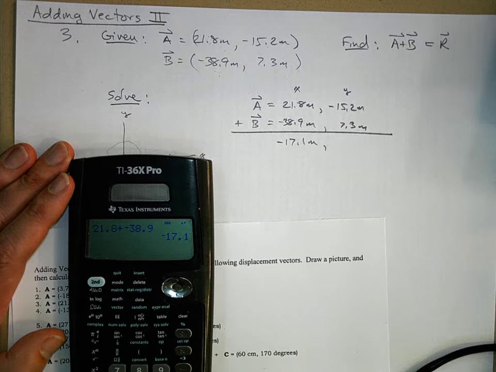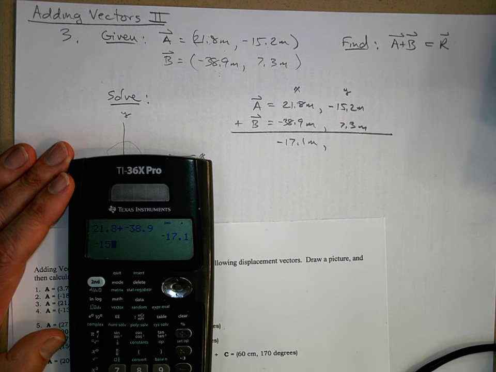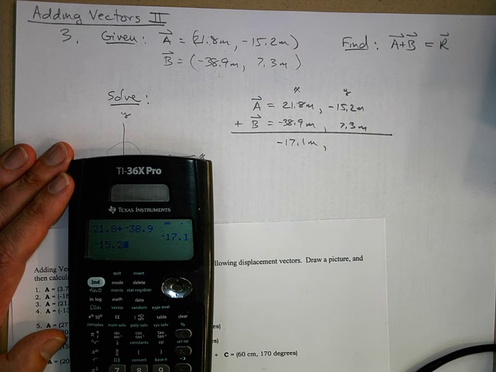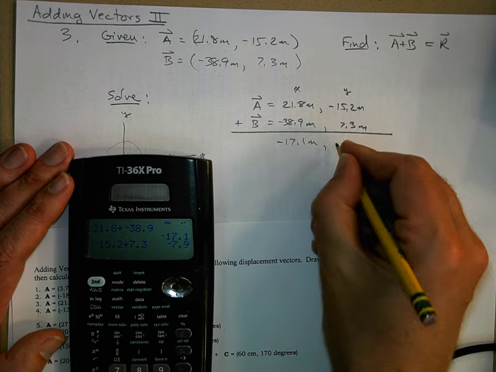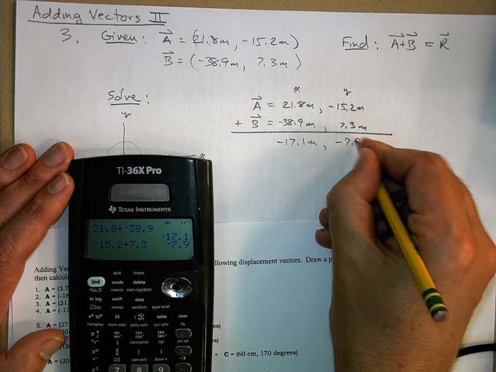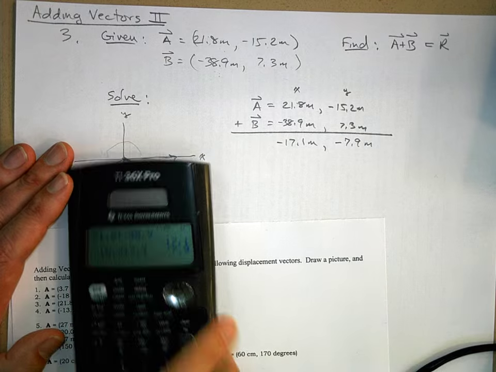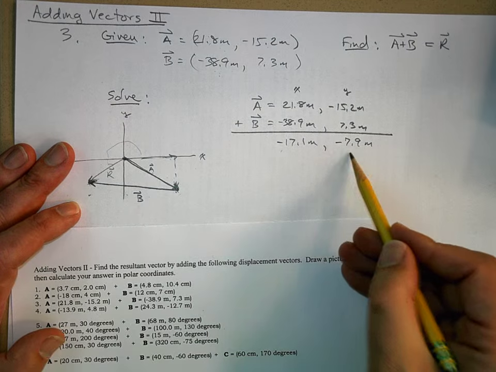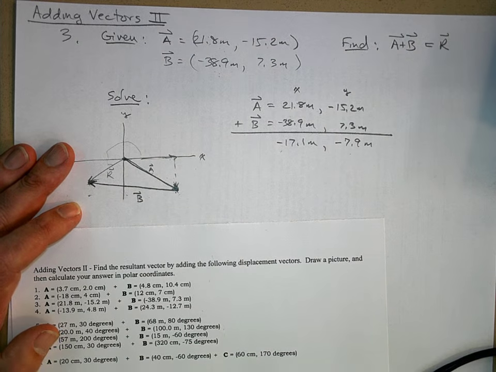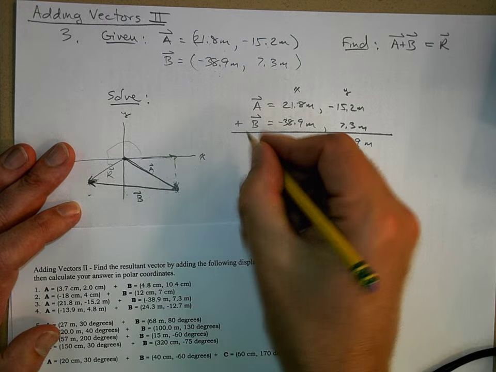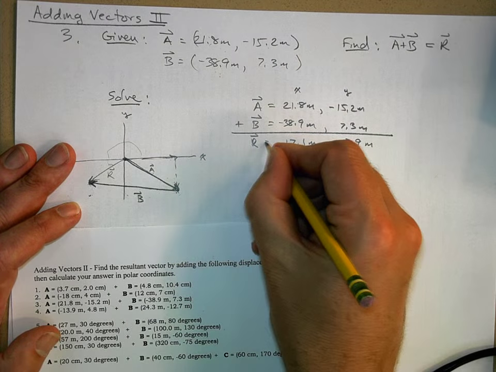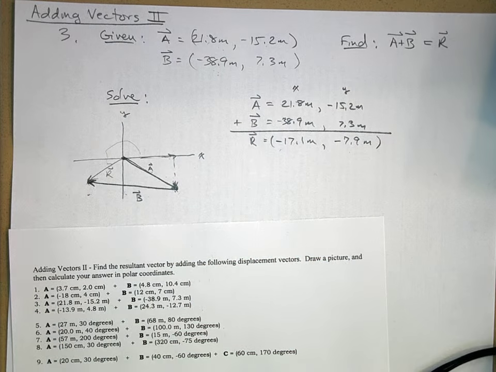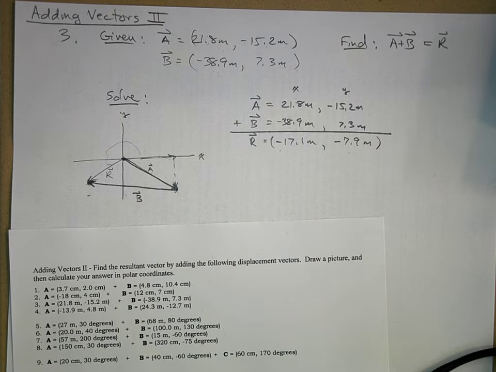And then negative 15.2 plus 7.3, we get negative 7.9 meters. Now, doesn't that make sense? Look, this is negative. That means I'm in the third quadrant. Now this is r in rectangular coordinates. But I want the answer in polar coordinates.